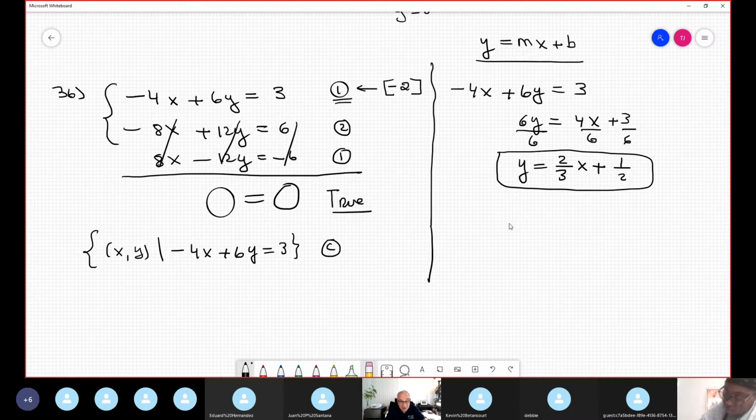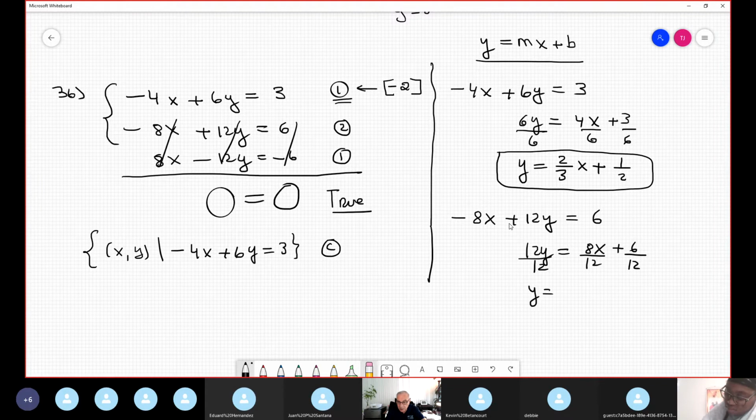Let's do exactly the same with equation number 2. Minus 8x plus 12y equals 6. Yes, positive. Now solve for y: 12y is equal to 8x plus 6, divided by 12, divided by 12, divided by 12.